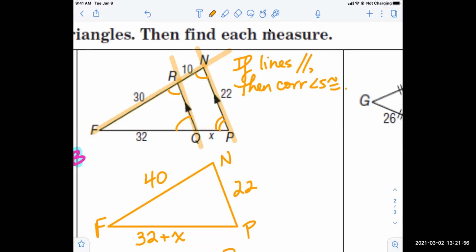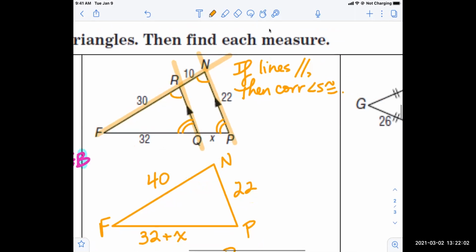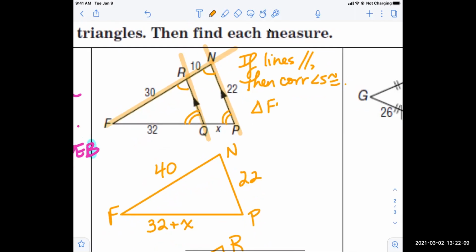Yeah. So just be careful if you're going to name an angle, again, when there's more than one angle with the same vertex. Okay, so those are the same reason, right? Both of those are pairs of corresponding angles. So the triangles are similar by angle. Triangle FRQ is similar to triangle FNP by angle.